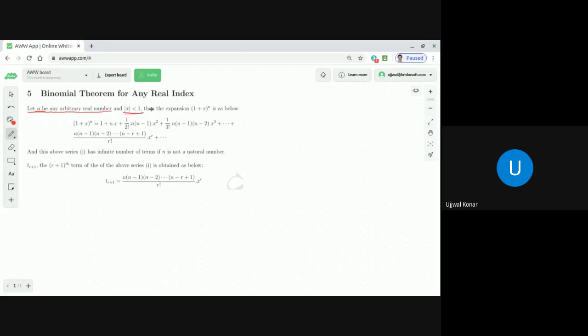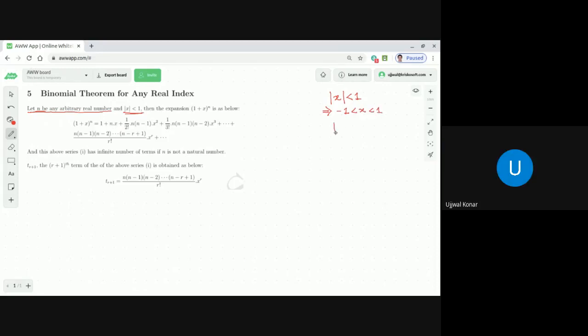You know, dear students, whenever mod x is less than 1, that means x is between -1 and +1. As we discussed earlier, mod x less than 1 means -1 less than x less than 1.